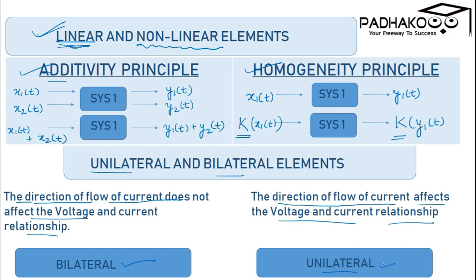As we can see in a resistance, the direction of flow of current does not affect the VI relationship. It remains the same. So this is a bilateral element. But in a diode, if current is flowing in this direction, then the current will flow, but in the opposite direction, the current will not flow. So this is unilateral, because it affects the VI relationship when we change the direction of the flow of current.